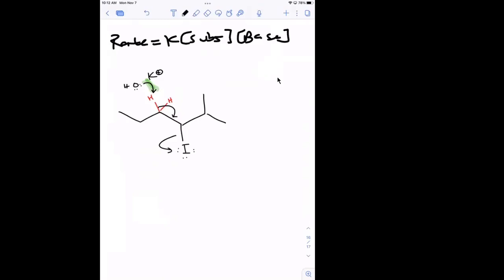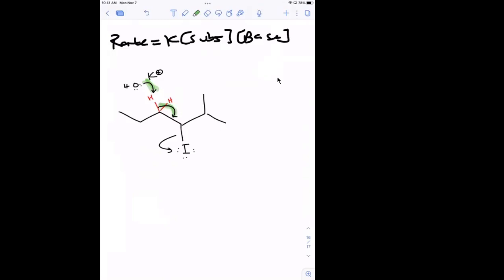So look at the arrows. Tell me what I'm doing with that one I have highlighted in green. What is that arrow indicative of? Okay, so the oxygen is making a bond with hydrogen. Good. What about this arrow? What does that mean?